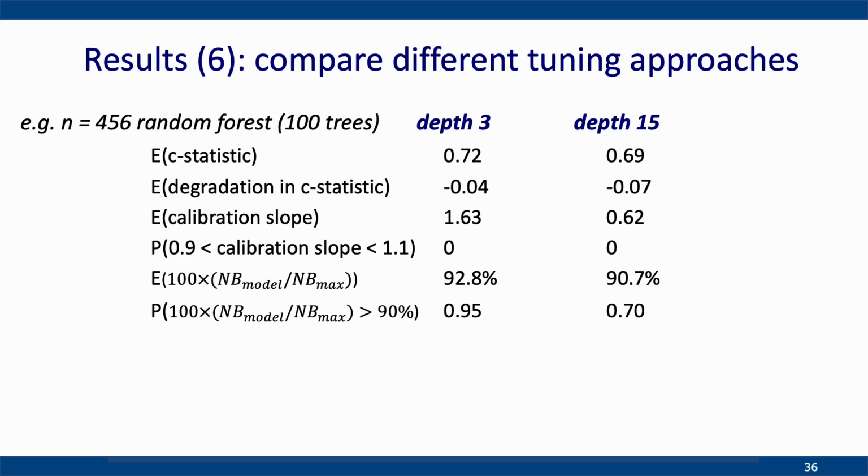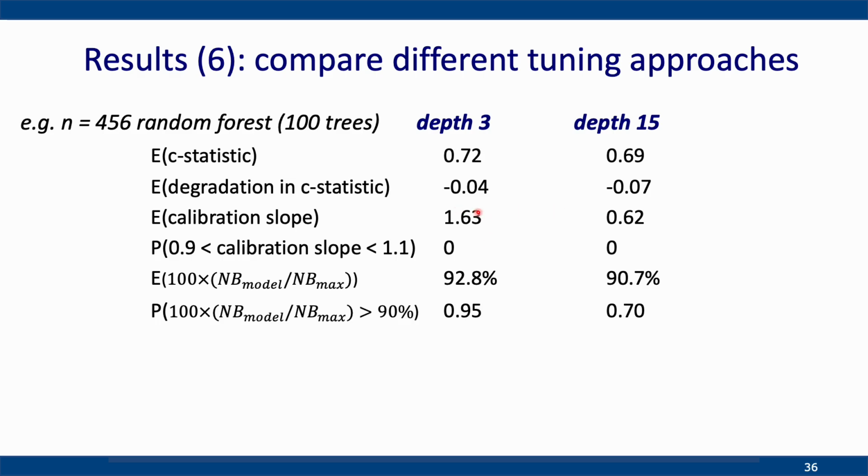Even random forests. We could fit random forests with different tuning approaches. We could look at a depth of 3 or a depth of 15. You can see that when you've got a depth of 15, you're using a lot more complexity. So this lowers the probability of obtaining at least 90% of the maximum net benefit, down to 70%. But if you'd actually used a depth of 3, it would have been 95%.